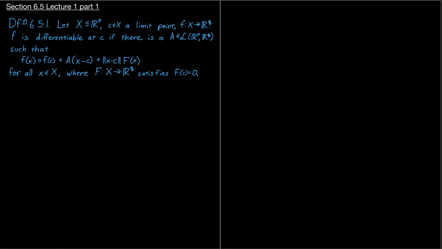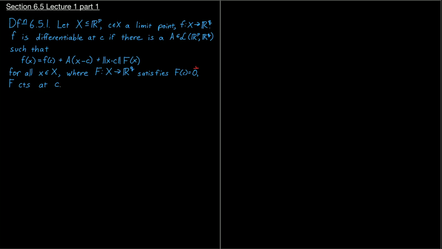F of c is 0, meaning the zero vector 0, 0, 0, q times in a row. And f is also continuous at c.